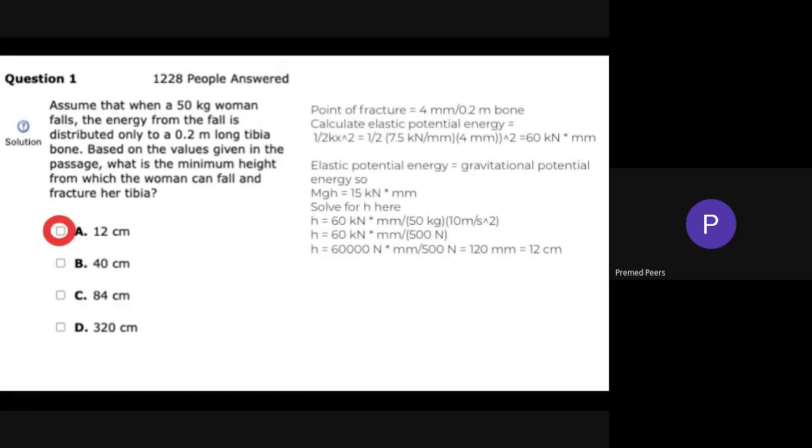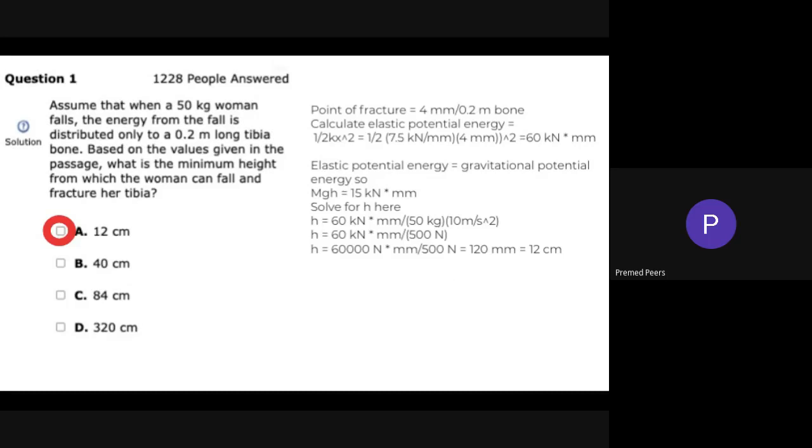So the point of fracture is 4 millimeters per 0.2 meters of bone. So actually, sorry, I'll delete that. That's irrelevant. So what you need to do here is calculate elastic potential energy, and then from that, calculate your gravitational potential energy to solve for height.